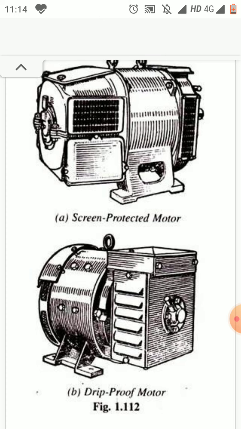These are the most commonly used enclosures for motors in applications like generating stations, pump houses, and some chemical industries where chemicals or liquids may enter into the motor. Such types of enclosures will be used. So this you have to remember in regard to enclosures.